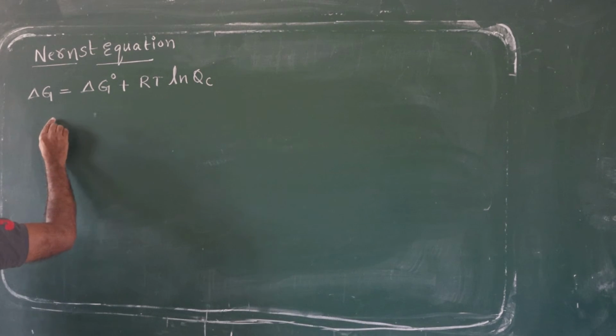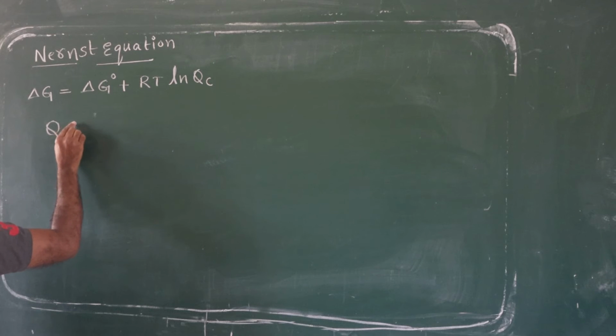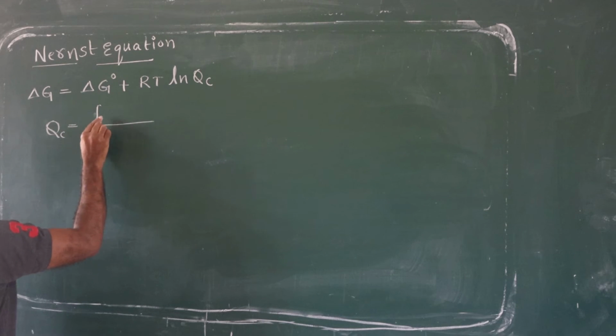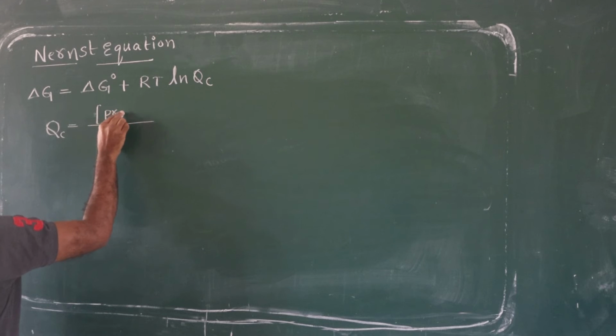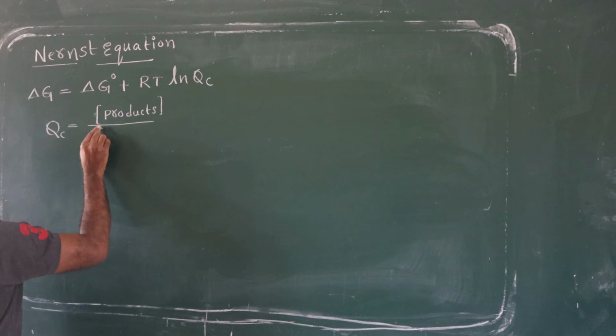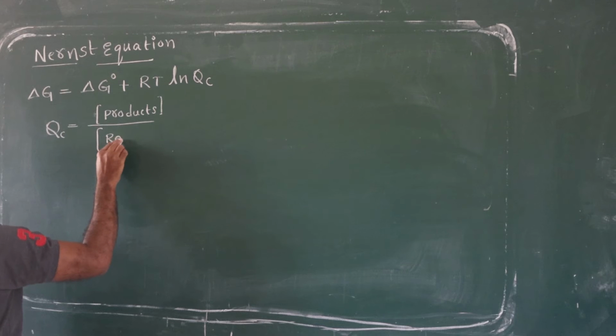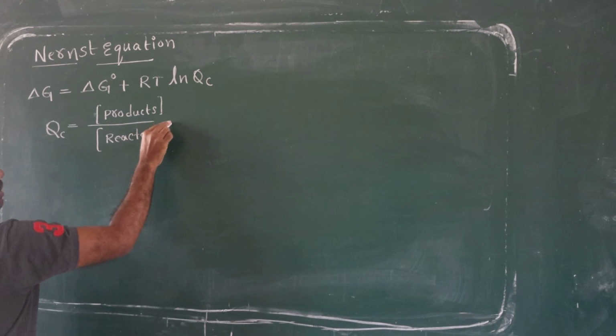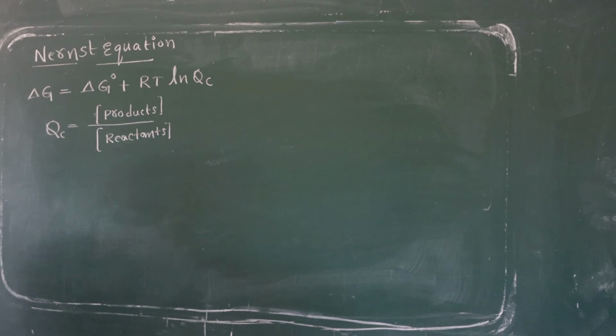What is Qc? Qc is the reaction quotient. The ratio of the concentration of products divided by the concentration of reactants is known as the reaction quotient Qc.